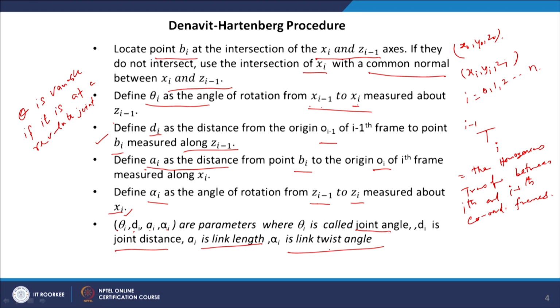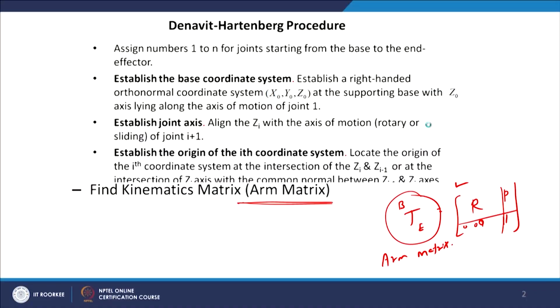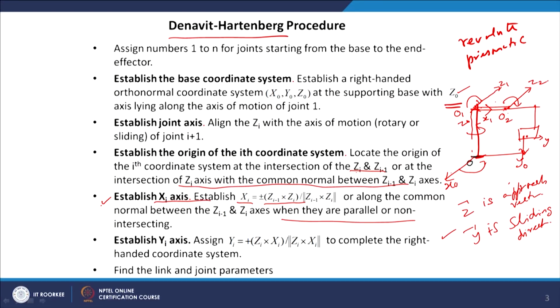So once we have this definition, then we can construct the matrix, the relation between one coordinate frame with the other coordinate, that is ith coordinate frame with respect to I minus 1 coordinate frame. So we can see from this picture, at every joint we are fixing a coordinate frame suitably, x0, y0 is at 0, x1, y1 is at 1, etc.